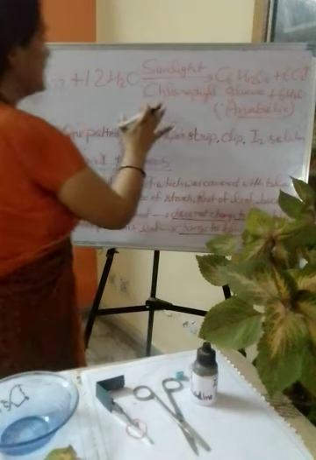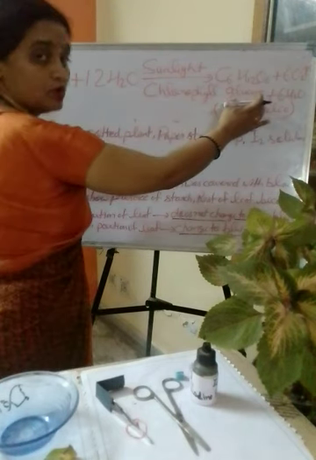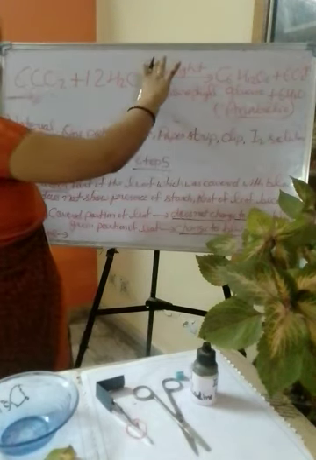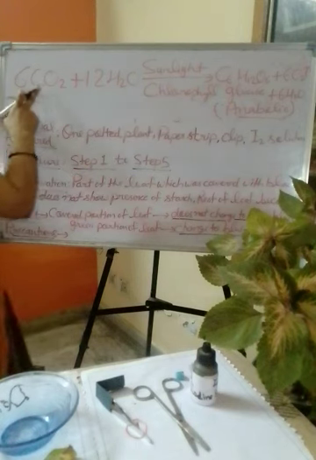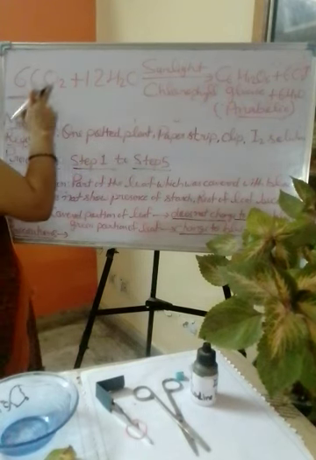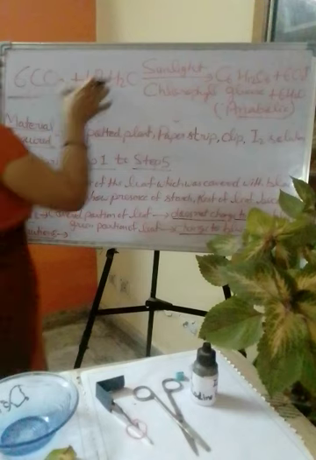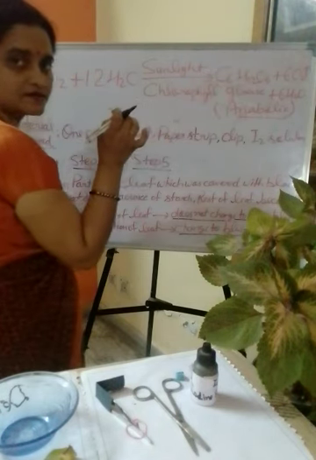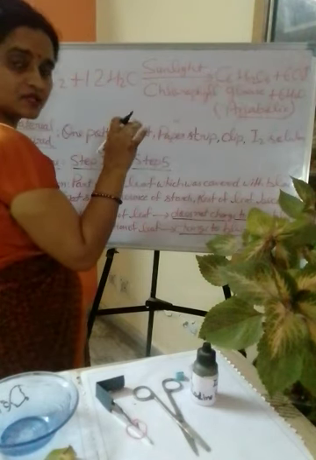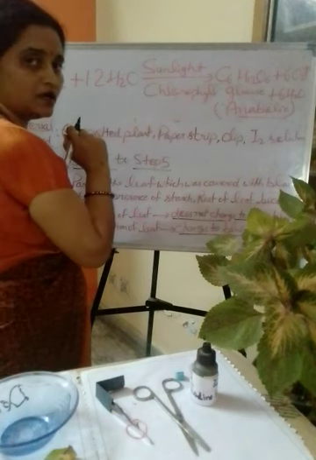Understand that? And now how is glucose made? In the presence of sunlight and chlorophyll, CO2 and water make carbohydrate in the form of starch in the leaves.